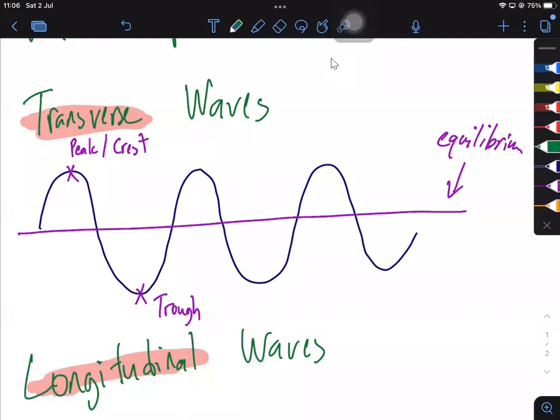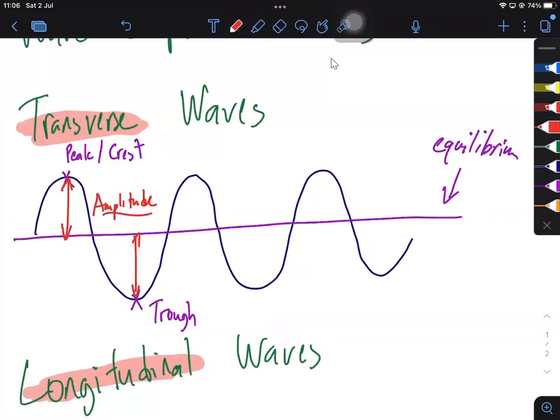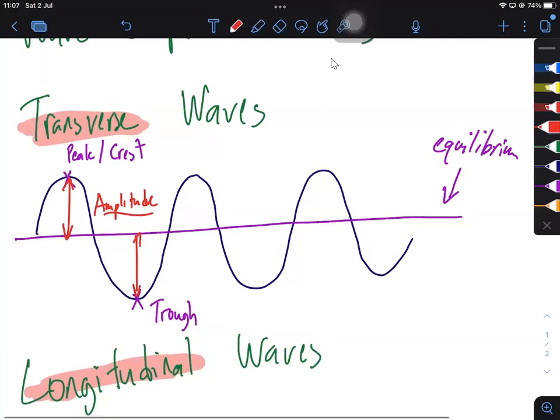And from the equilibrium, guys, this part is important. Pay attention to this. Don't copy first. From the equilibrium to the peak, or the equilibrium to the trough, this is what we call the amplitude. Whenever you see the word amplitude, you have to understand that amplitude is responsible for the loudness of the sound.